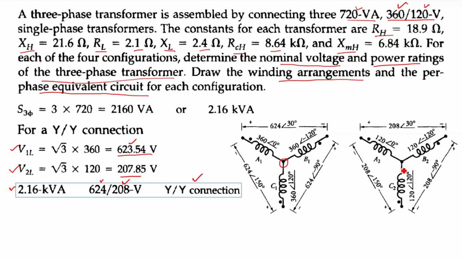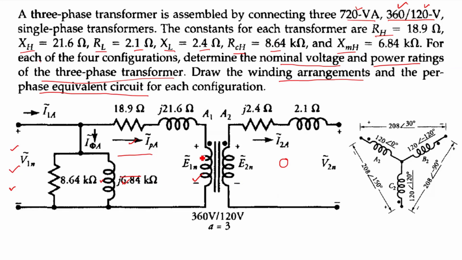This is also a star star connection. Now if we represent the per phase equivalent circuit, the per phase voltage will be 360 and 120, and we have these parameters. Using these parameters, we can now draw the per phase equivalent circuit for the star star connection, right?